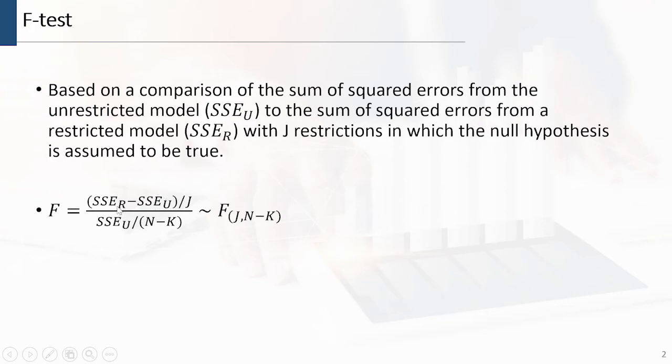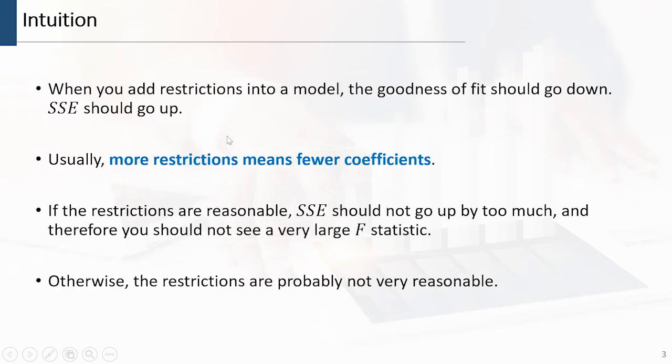If the restrictions are very reasonable, even though this is larger than this, the difference shouldn't be very big. But when you have many restrictions, or the restrictions are not so good, then this one should be much larger than this one, and that should give you a very big F statistic, which is also an indication that the restrictions are not so reasonable.